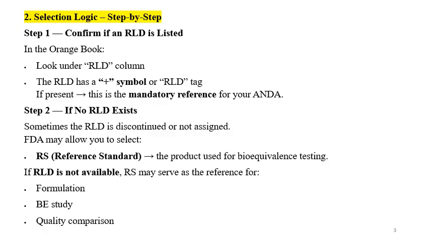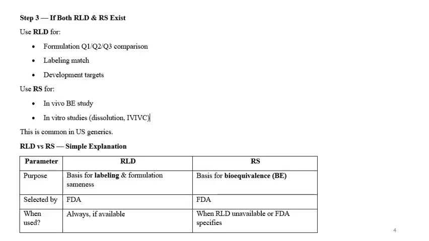If RLD has many strengths, then RLD and RS both designations will be there, and you need to select RS for the bioequivalence studies. Then step 3, if both RLD and RS exist, that means you need to use RLD and RS both. RS is used for the in vivo BE studies and in vitro studies like dissolution and IVIVC.